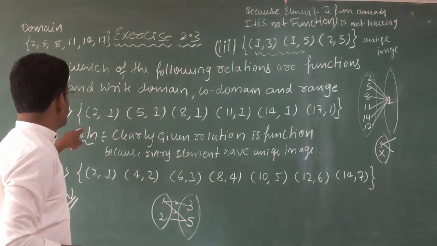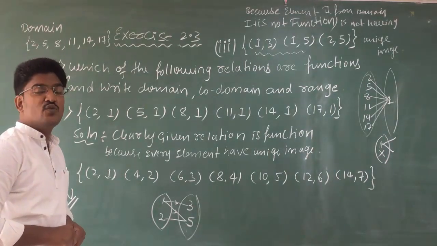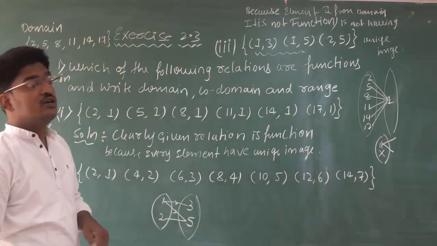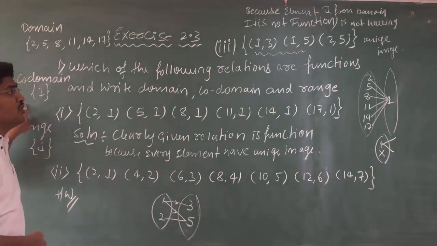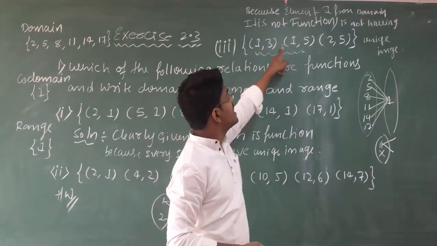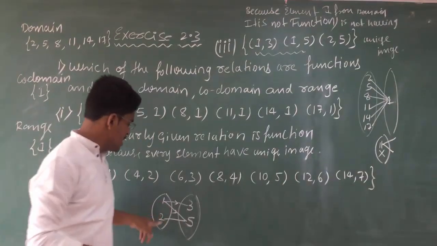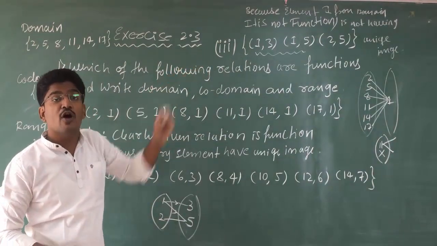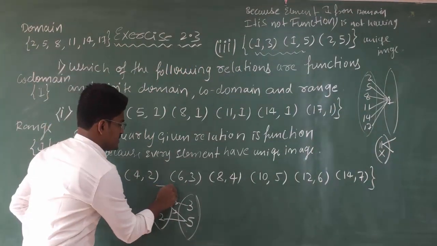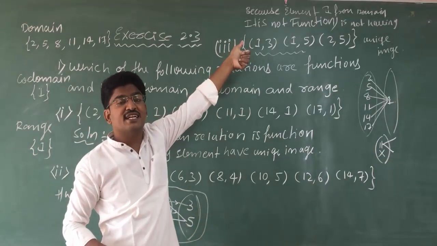But in the first problem, all the elements are having the unique images. That's why it was a function. So that's why we have written domain, codomain and range. But in the third problem, 1 is having 2 images. One is 3, another one is 5. See this, I have explained. With that problem, now you can write this. You can write this with that answer.